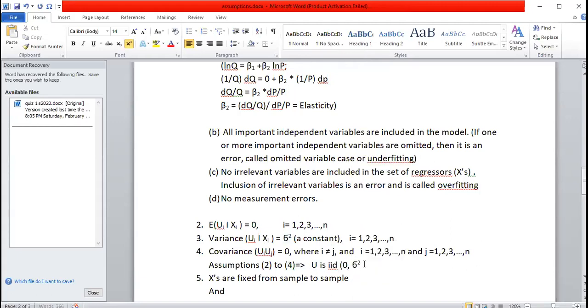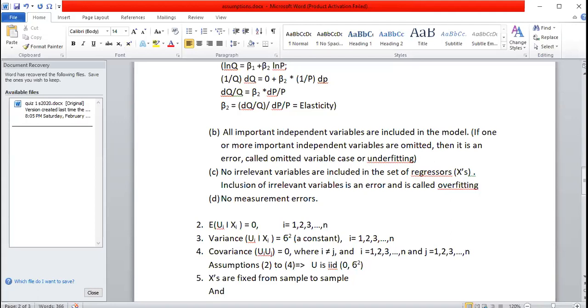Don't forget this term here. In econometrics, U is IID. IID means independently, identically distributed. Assumptions 2 to 4.